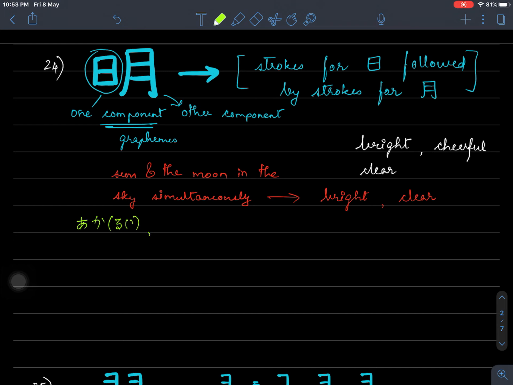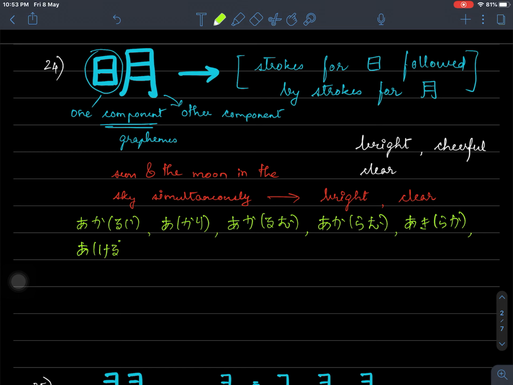So akarui, akari, akarumu, akaramu, akiraka, akeru, ake.